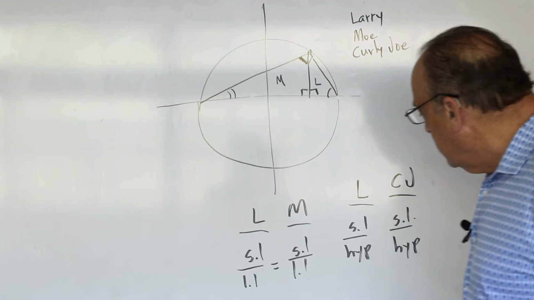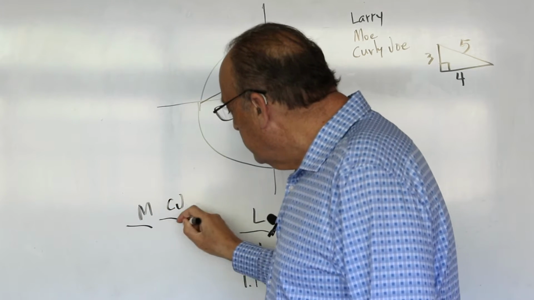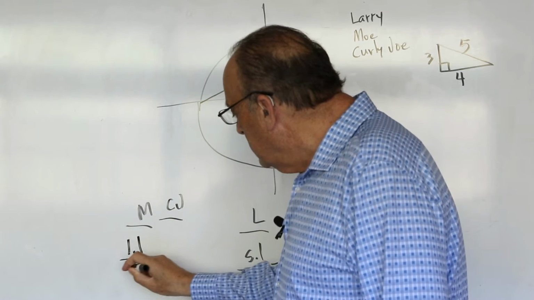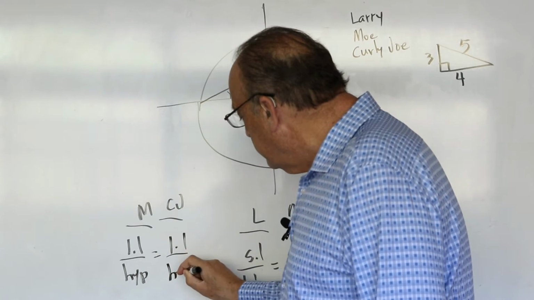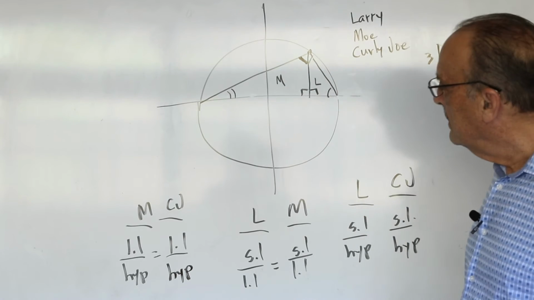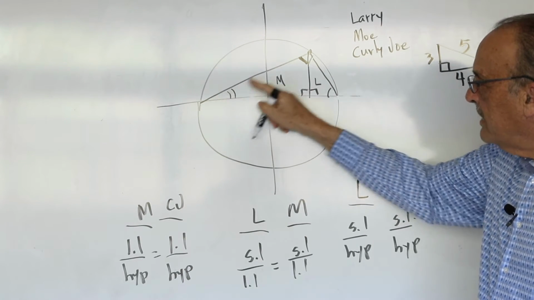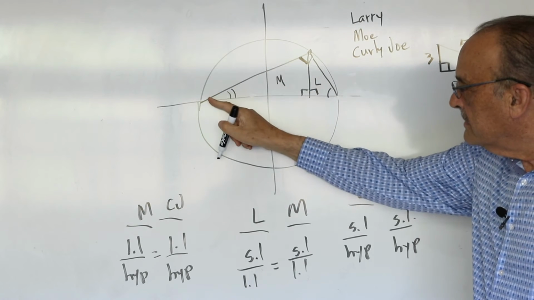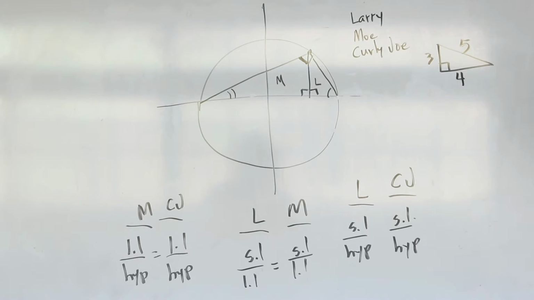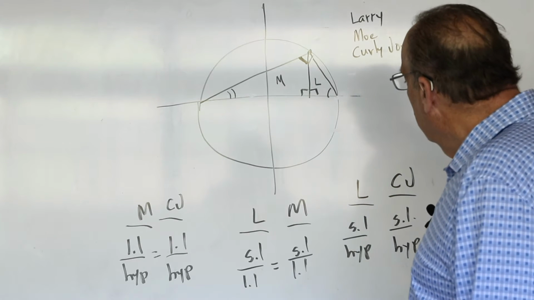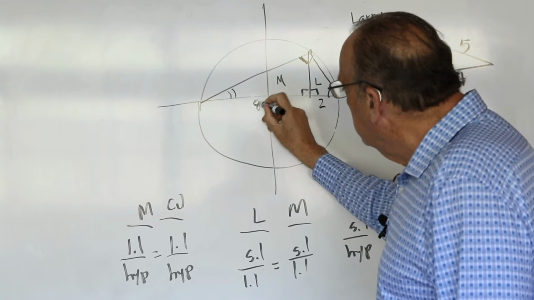And we can do the same thing comparing Mo to Curly Joe. So we'll look at long leg to hypotenuse equal to long leg to hypotenuse. So the long leg of Mo is to the hypotenuse of Mo, as the long leg of Curly Joe is to the hypotenuse of Curly Joe. In this case, suppose this is 2 and this is 8.